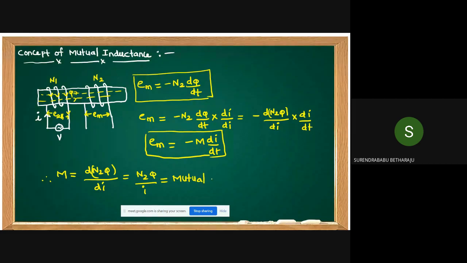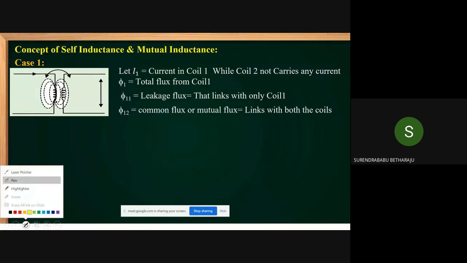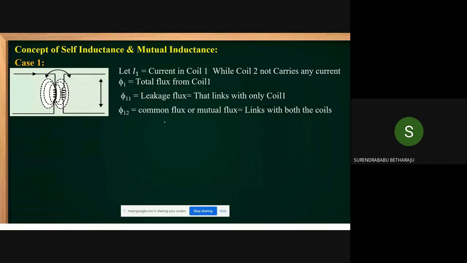See the concept of self-inductance and mutual inductance, how they are defined. Now, with this knowledge, concentrate on the combination of these concepts of self-inductance and mutual inductance. Yes, friends. Let I1 be the current in coil 1. These two coils are mutually coupled to each other, while coil 2 does not carry any current.